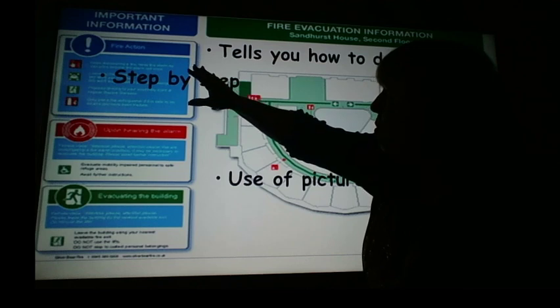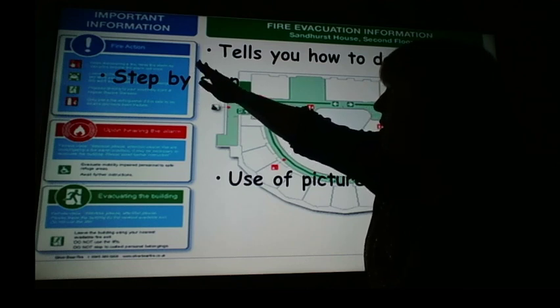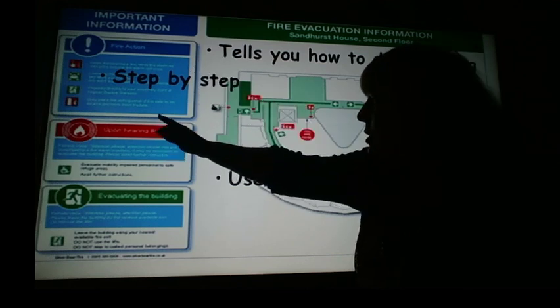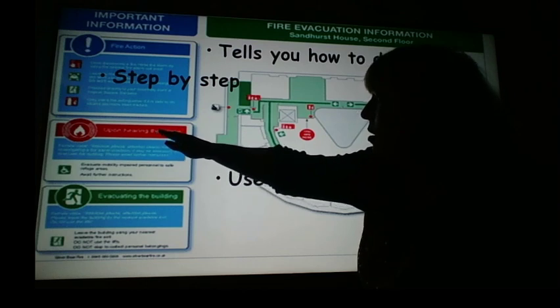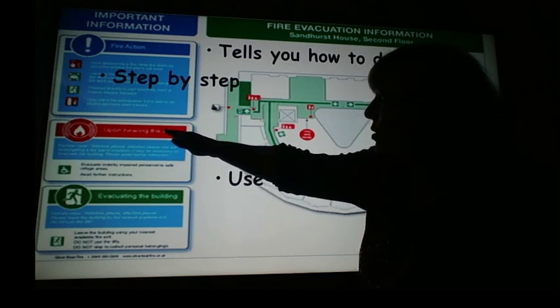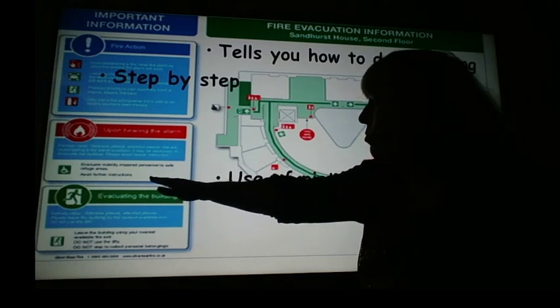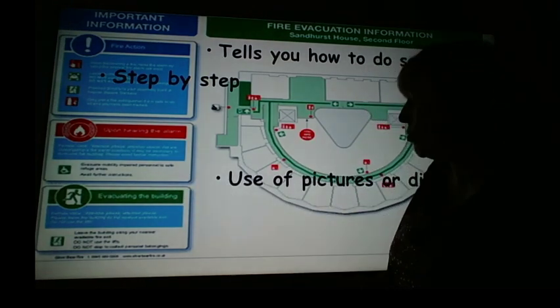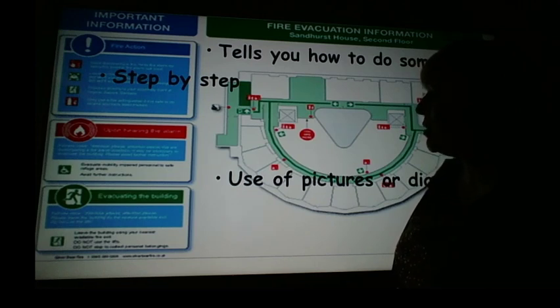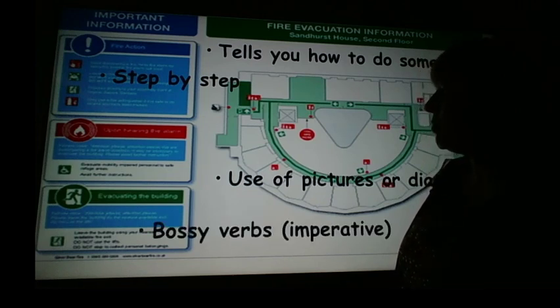These are the important step-by-step instructions. A symbol to represent fire, what do you do when you hear the alarm, and a symbol of a person moving through a doorway, and we use the word evacuate the building.